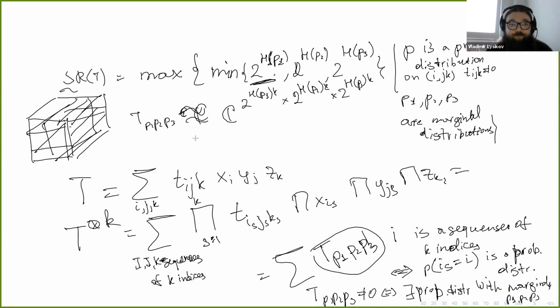And then we get that the slice rank of T to the power of k is less than some polynomial in k, which is the number of all possible probability distributions, times this minimum.